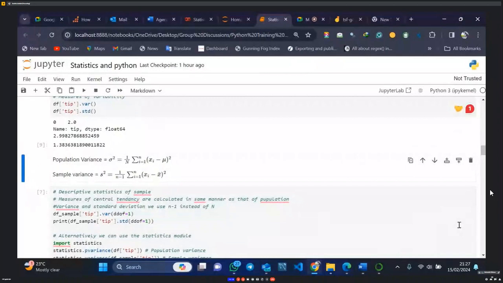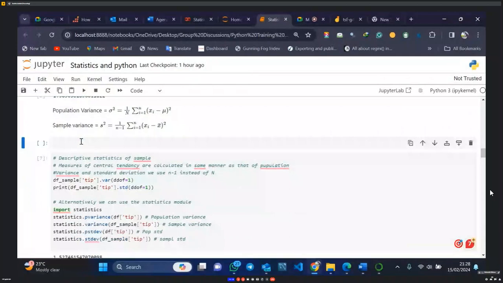So these two formulas involve a summation. Suppose we have 5 values: 1, 2, 3, 4, and 5. We add the 5 values together and get 15. We divide 15 by 5 and get a mean of 3. Take 1 minus the mean and square that value.